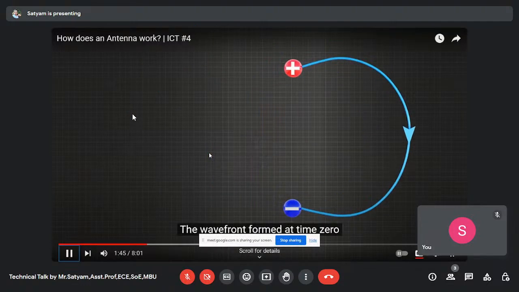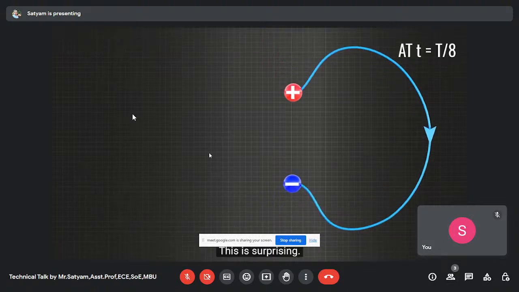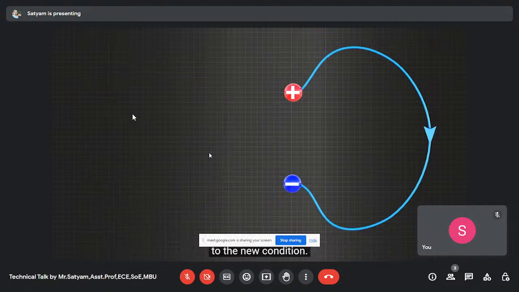The wavefront formed at time 0 expands and is deformed as shown after 1/8 of a time period. This is surprising. You might have expected a simple electric field as shown at this location. Why has the electric field stretched and formed a field like this? This is because the accelerating or decelerating charges produce an electric field with some memory effects. The old electric field does not easily adjust to the new condition.